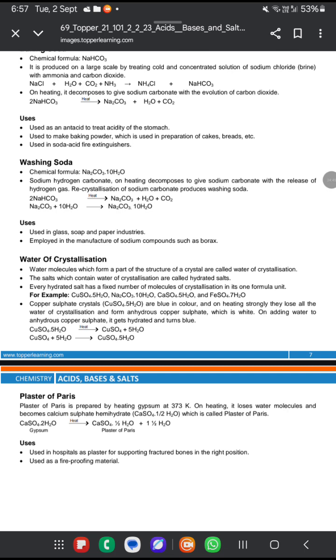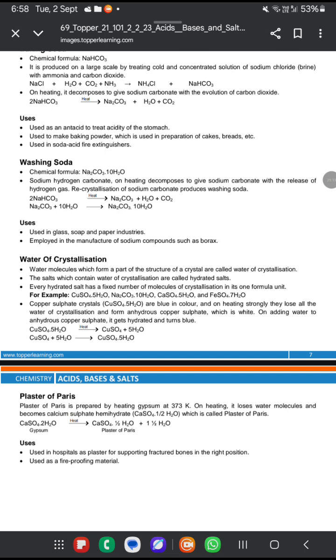Every hydrated salt has a fixed number of molecules of water of crystallization in its one formula unit. For example, CuSO4·5H2O, Na2CO3·10H2O, CaSO4·2H2O and FeSO4·7H2O.